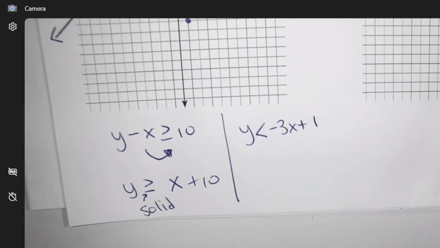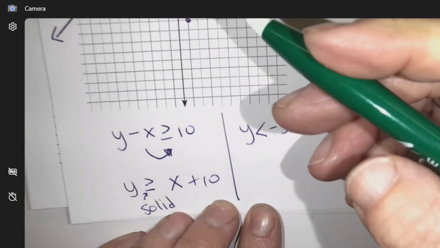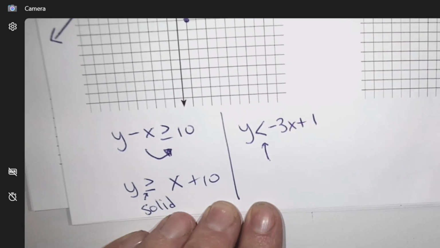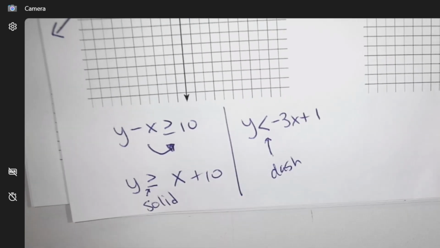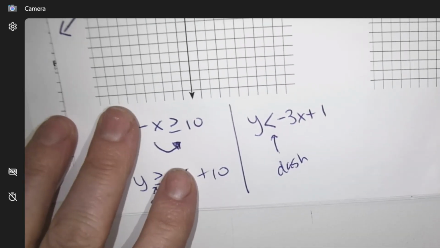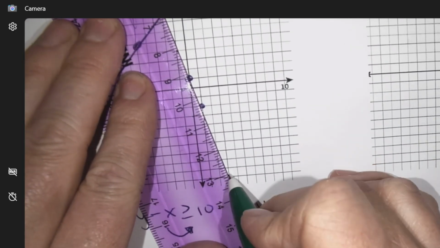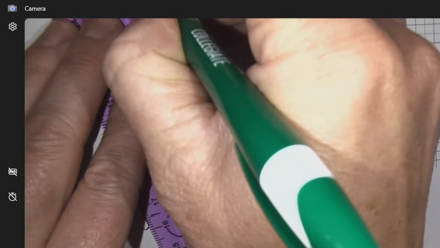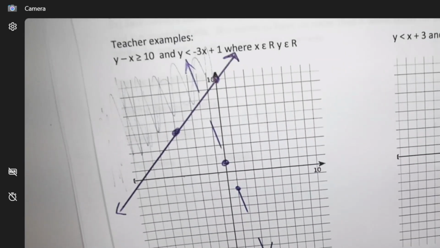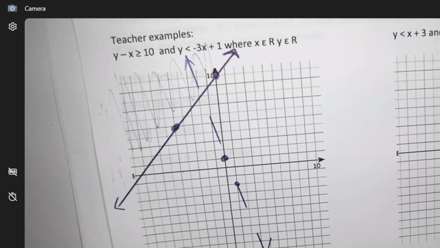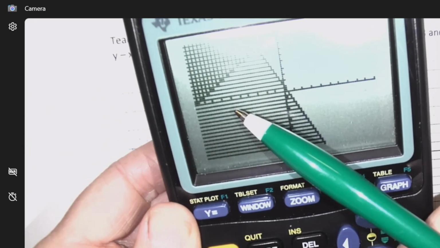Okay, what do you want to make on this line? Do you want it to be dashed or do you want it to be solid? According to that, it's going to be dashed because I can't be equal to it. There's a dashed line, and then we were less than it. So less than is on this side of it.